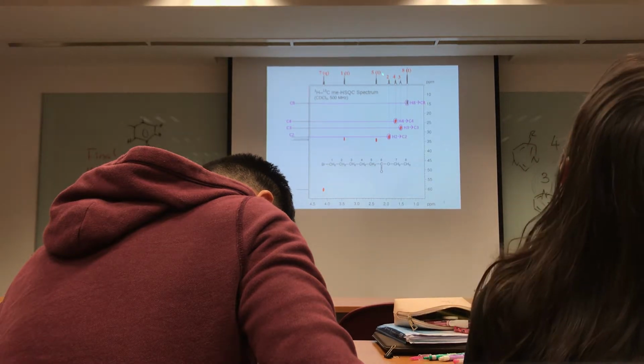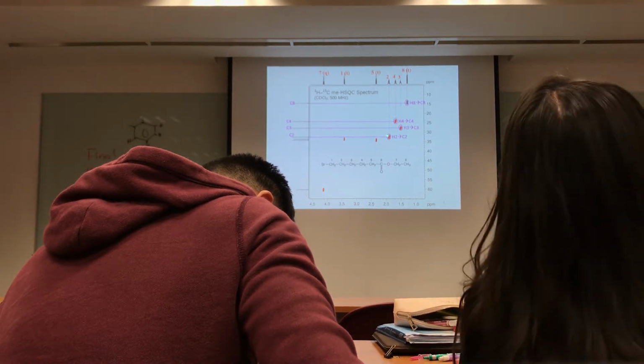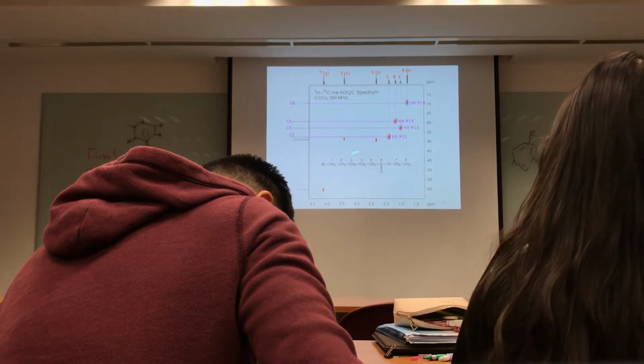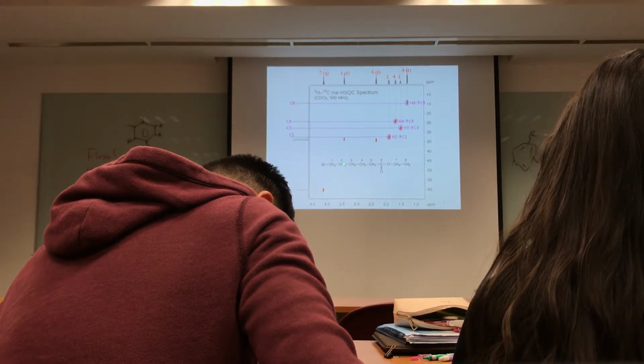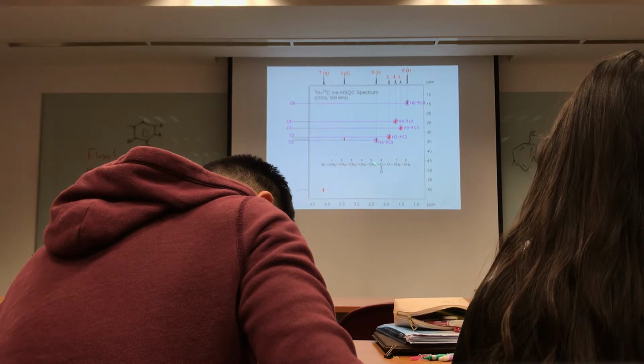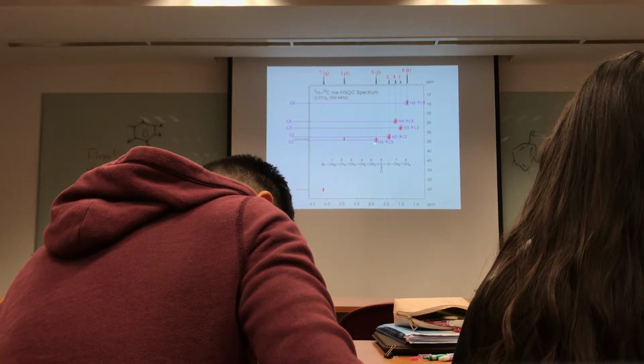Now this is proton signal 2. It shows correlation here. By this cross peak you will find the carbon signal of this CH2 is here. Now this is 5. This CH2 proton signal is here.